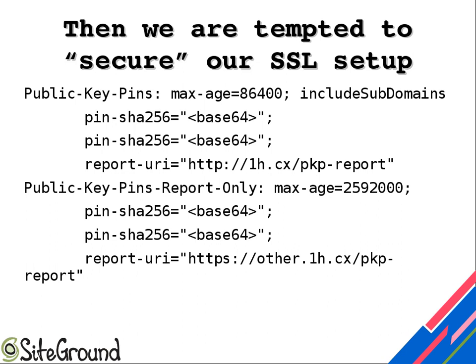The strict transport security also has includeSubDomains. So when you have loaded something on your website, and the website also requests some URLs from subdomains of your website, this transport security also applies to the subdomains that you are requesting.